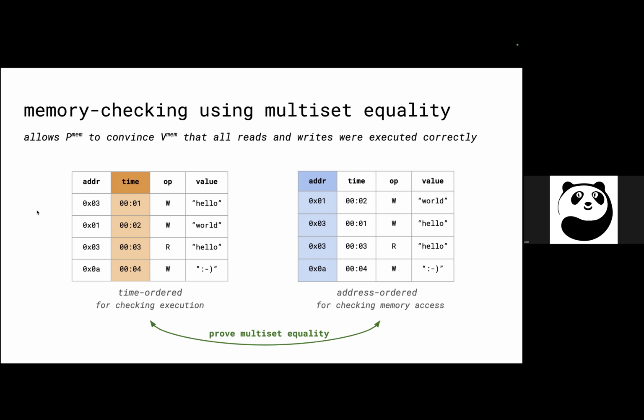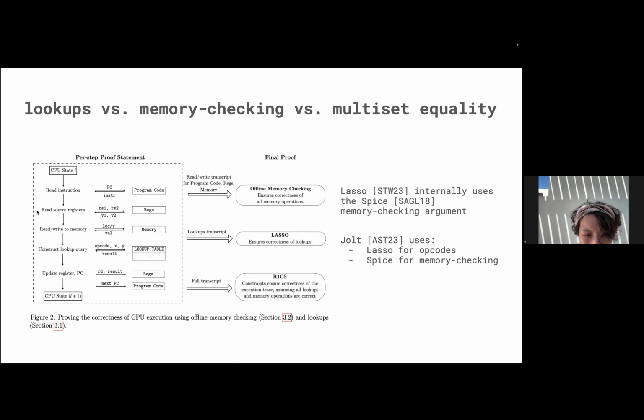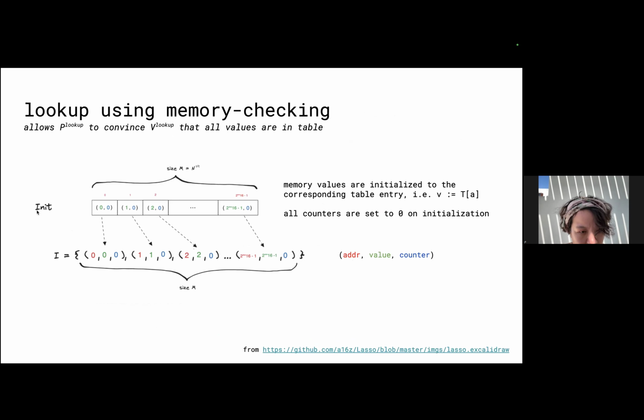There is a question about examples. I guess this is an example of the multi-set equality, but for the other stuff like the indexed lookup, what would be an intuitive example of that? So the index lookup is actually, let me see over here.